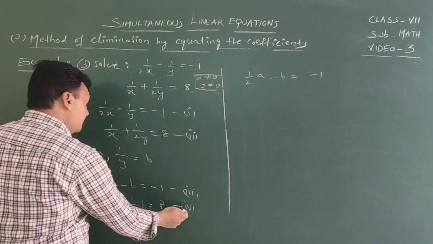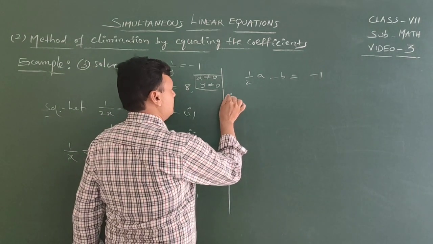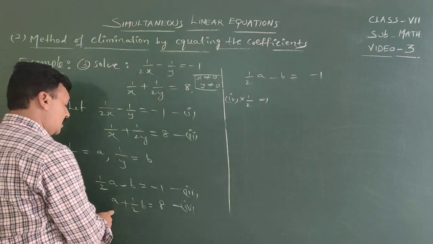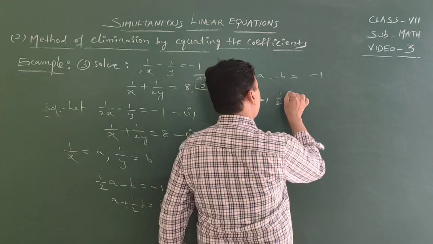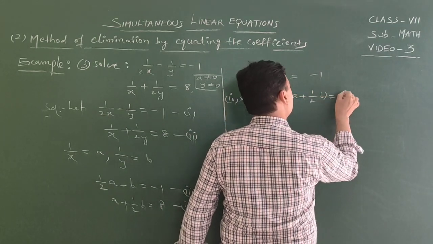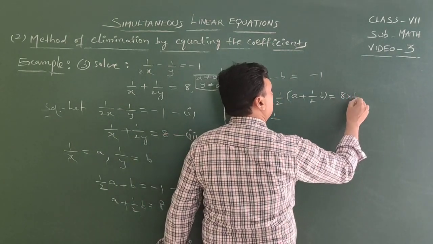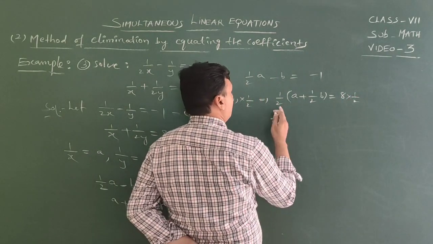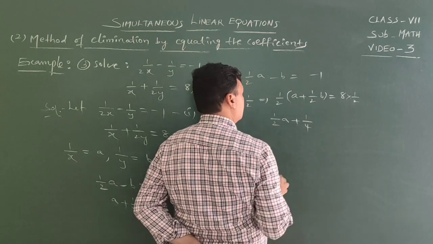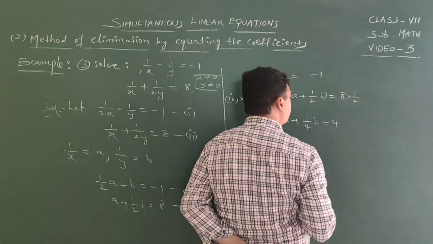If you multiply the other equation by half, it becomes half of a plus 1 by 2b equal to 8 into half. Now half a plus half into half, 1 by 4b, equal to 8 into half, equal to 4.